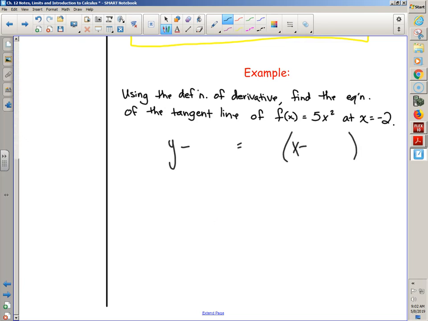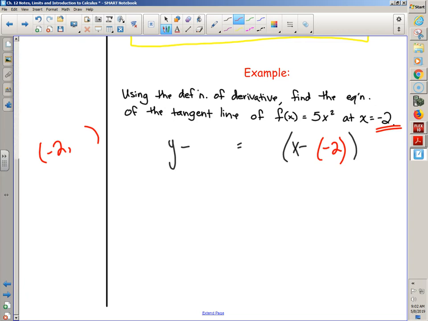Okay, what have I left blanks for? Everything that's missing. So what's something that I know I can plug in right now? I cannot plug in 5x squared, but I can plug in negative 2 is my x. There's my x. But hold on, I don't like just having an x. I really wish that I also had a y.